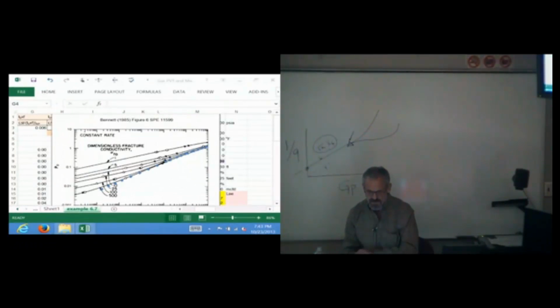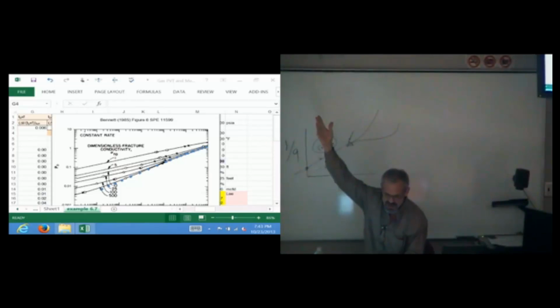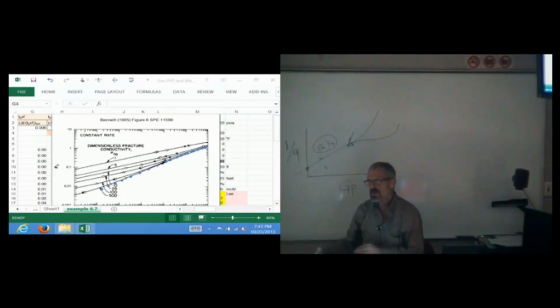Okay, so we have low conductivity to high conductivity, and the triangles show the end of bilinear flow. So in our top curve, where our dimensionless conductivity is 1, here we're using even another symbol for fracture conductivity, sigma, but that dimensionless fracture conductivity is spelled out for us. The triangle's 2/3 along the line.